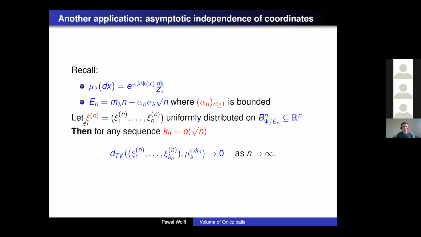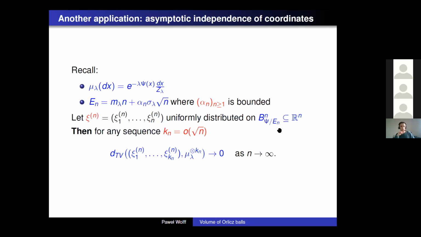Now let's denote by xi with the superscript n the random vector which is uniformly distributed on our Orlicz ball in R^n.